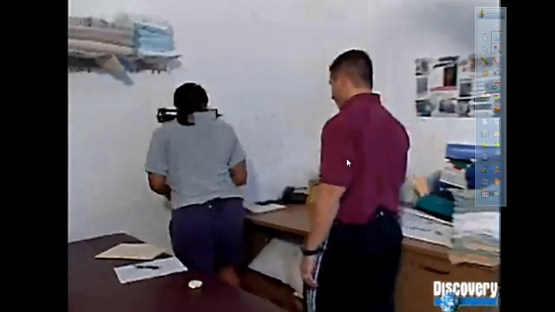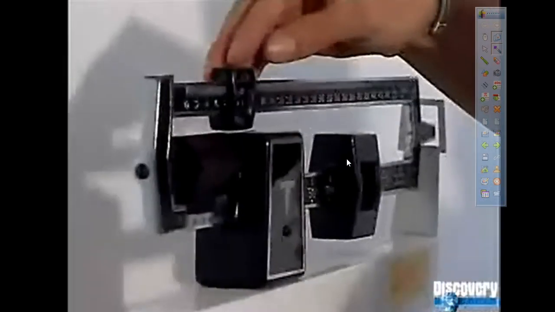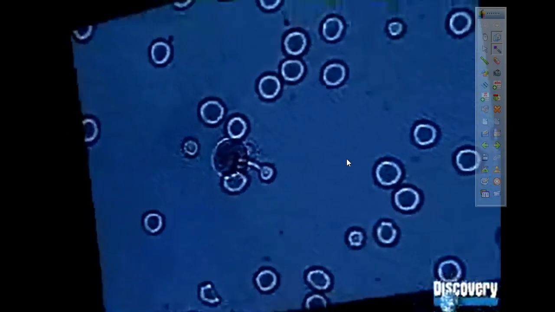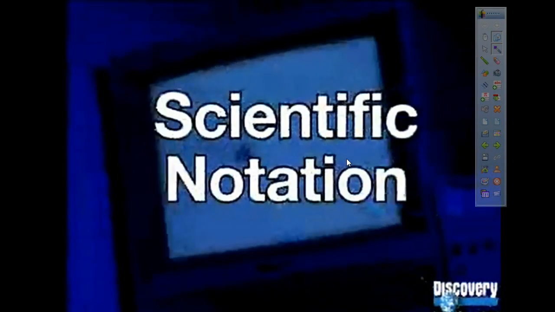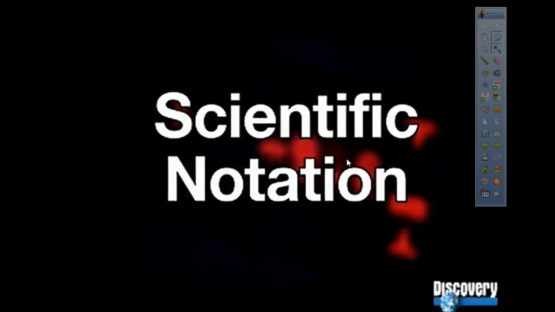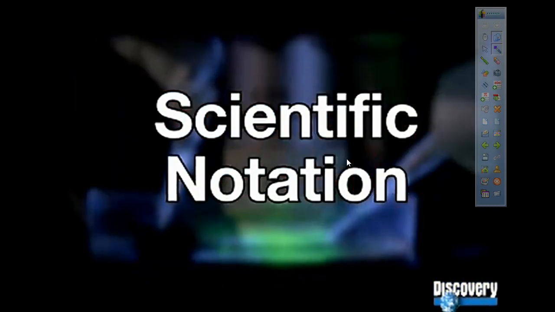You hop on the doctor's scale to determine your overall body mass. But how do you express the mass of things too tiny to register on that scale? One way is with scientific notation. We can use scientific notation to represent virtually any rational number, and it can help us compare very large or very small things.